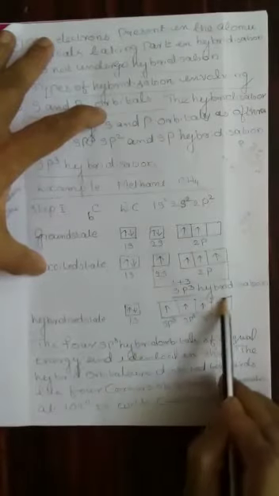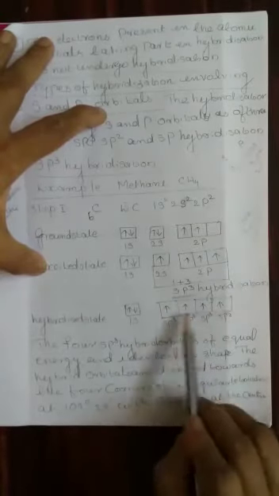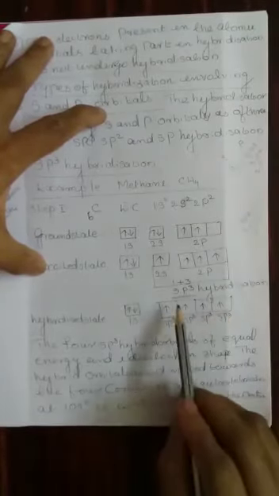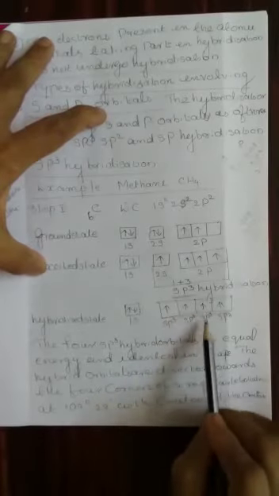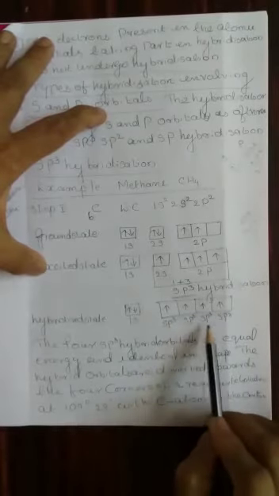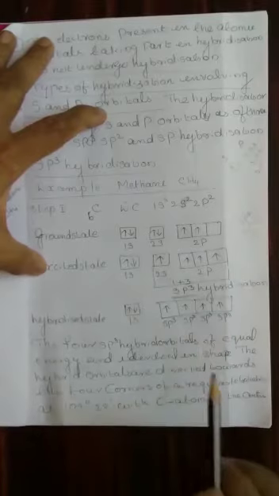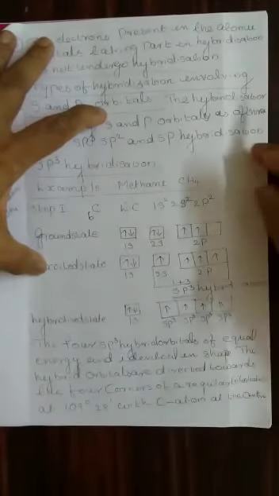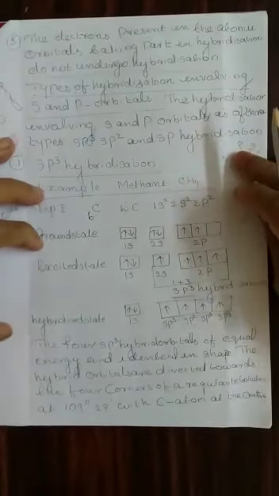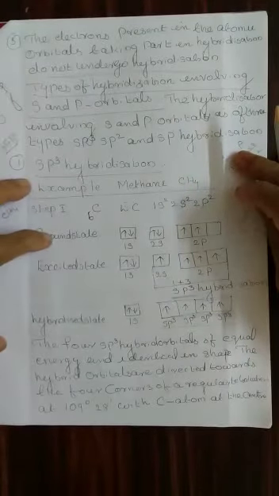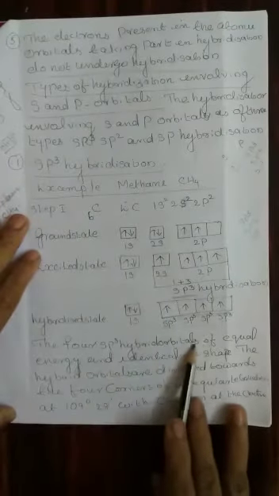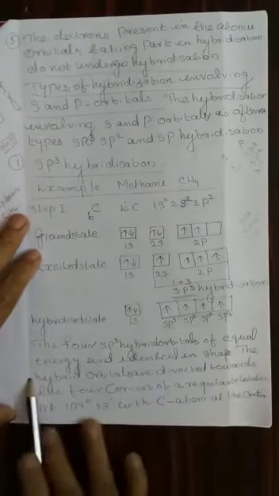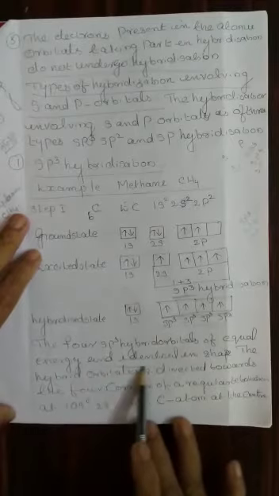Therefore draw 4 columns with unpaired electrons, and below each orbital write sp3, sp3, sp3, sp3. It is important because the 4 sp3 hybrid orbitals all have equal energy. The 4 sp3 hybrid orbitals have equal energy and identical shape.